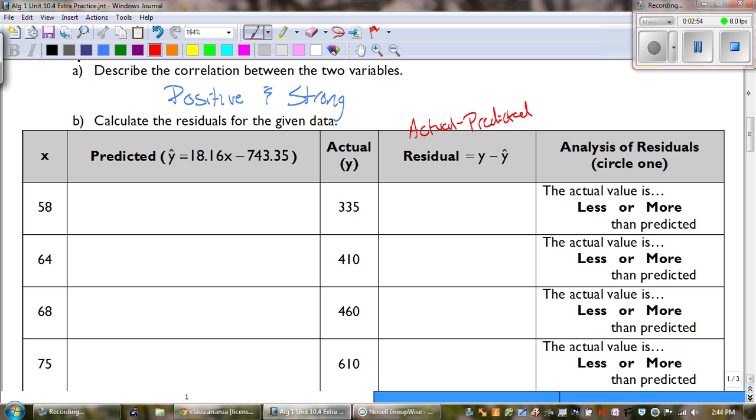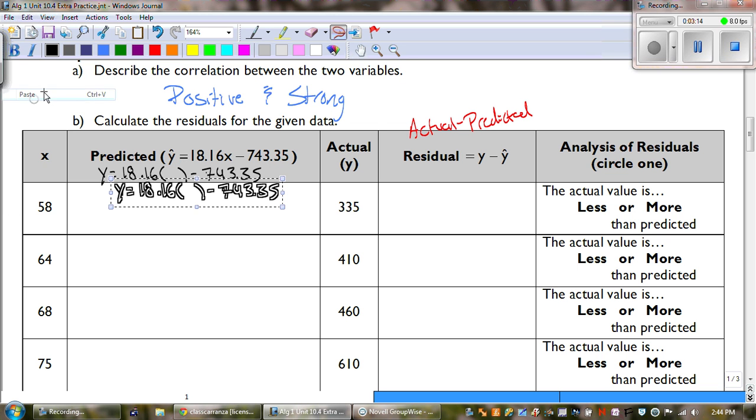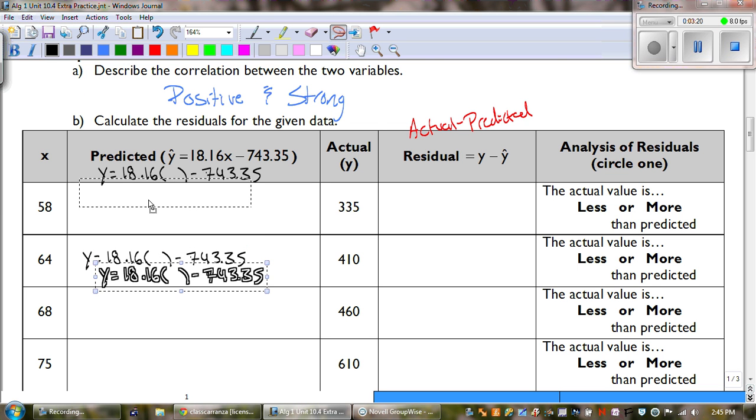So to find the predicted, remember each time you're plugging into this equation, y equals 18.16x minus 743.35. I can just go down and paste this to each one of these equations, because that's what we have to do.